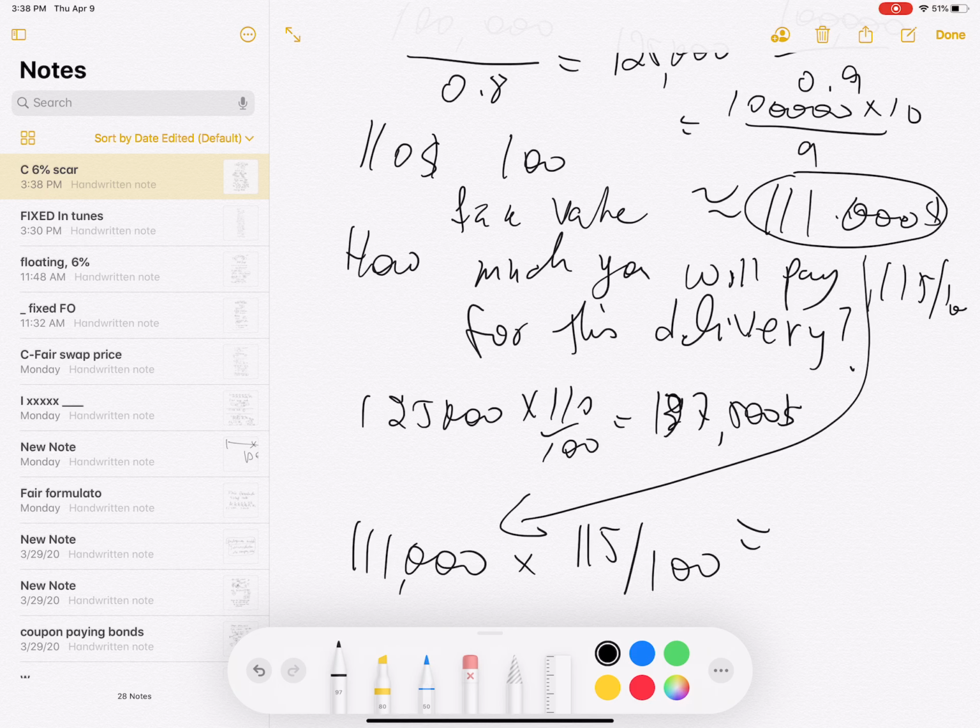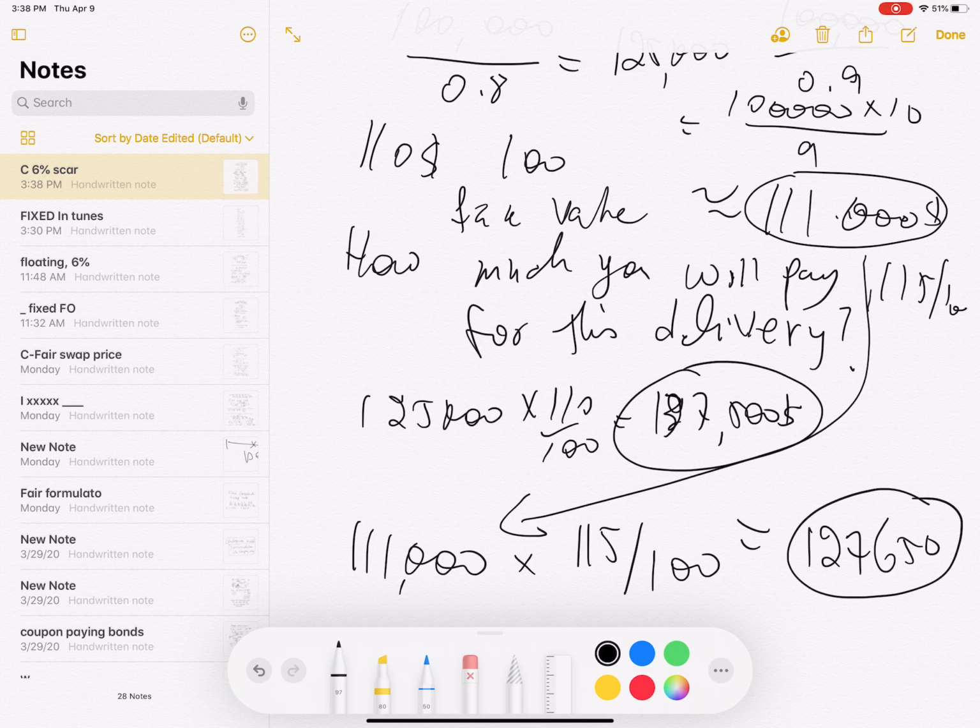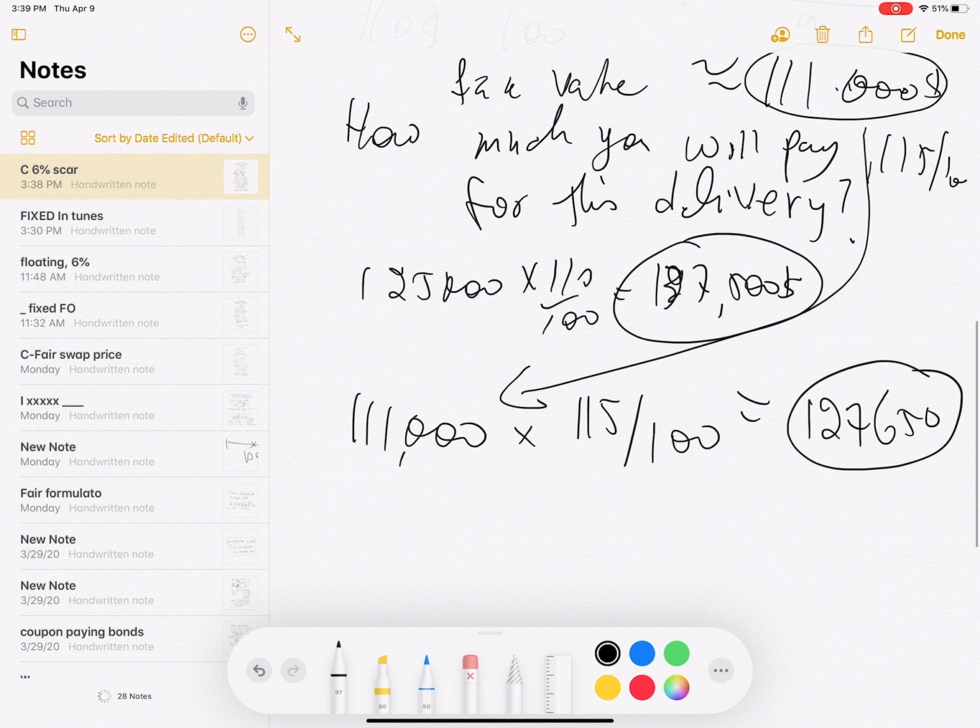Now, if I use my calculator on a different machine, it is 111 times 115 divided by 100 times 1,000. This is going to be $127,650. Okay, so you are now comparing this one, $137,500, with this one, $127,650. So the seller is going to use, from those two bonds, this bond because this bond is cheaper.